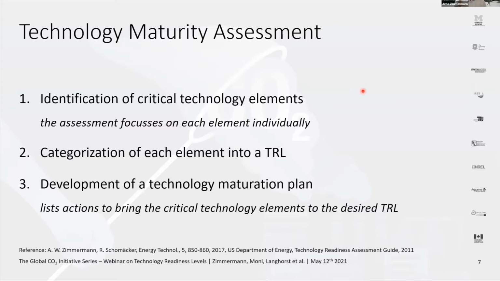The second is then to categorize each of the elements into a technology readiness level, TRL. And then thirdly, develop a maturation plan on the critical elements, especially in how to bring them to a TRL of your choice. So really focusing the R&D efforts onto the critical elements.